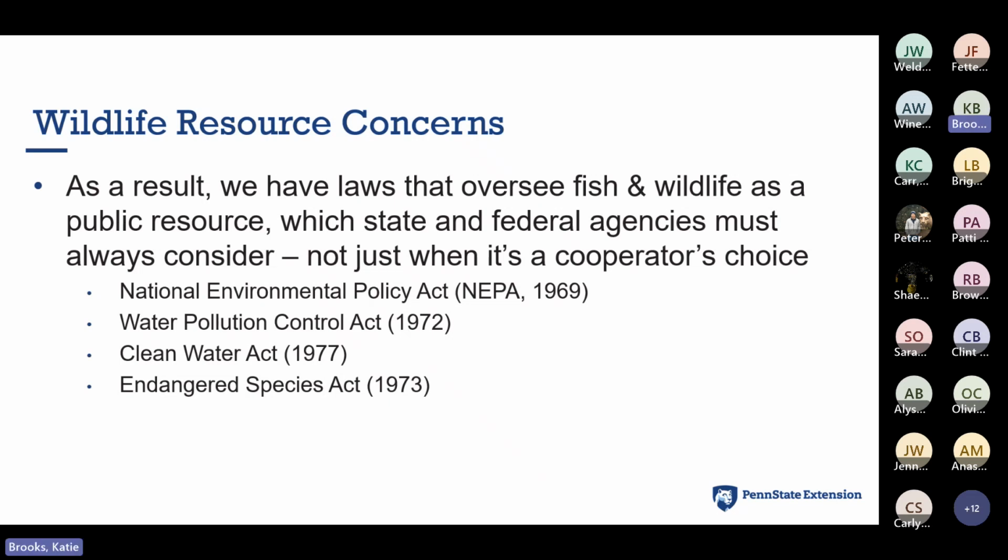So as a result, we have laws that oversee fish and wildlife as a public resource, which state and federal agencies must always consider, not just when it's a farmer's or cooperator's choice. Some of these laws are the National Environmental Policy Act, the Water Pollution Control Act, Clean Water Act, Endangered Species Act. These all state how fish and wildlife must be conserved as a public resource.